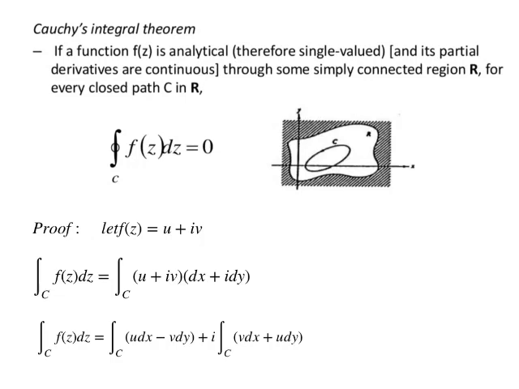The proof for this is: let f(z) = u + iv. Therefore, the integral of f(z) dz is equal to the integral of (u + iv), with dz replaced by dx + i dy.